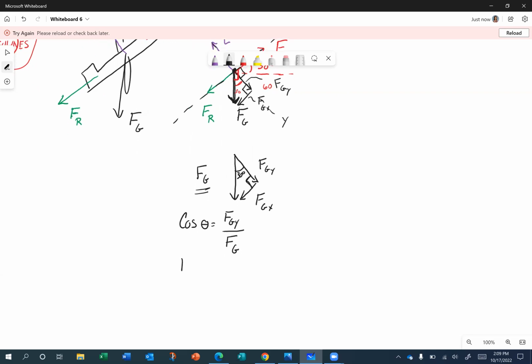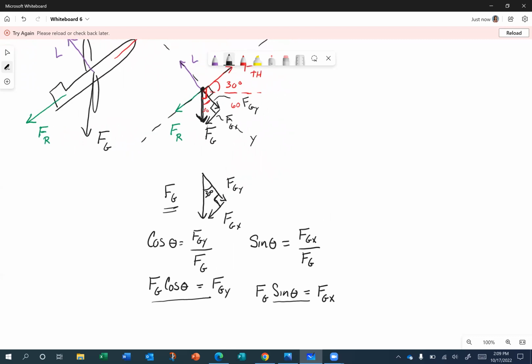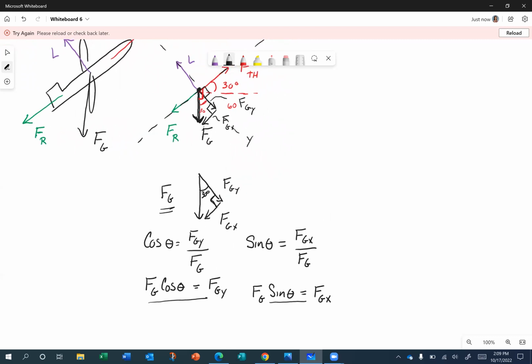So FG times the cosine of theta is equal to FGY. The sine of theta is the opposite, which is FGX, divided by the hypotenuse, FG, which means FG sine theta is equal to FGX. So there are two equations that tell me what FGY and FGX are.